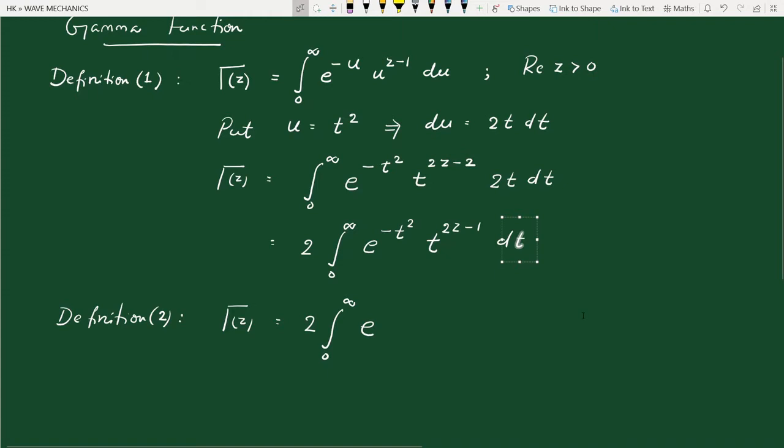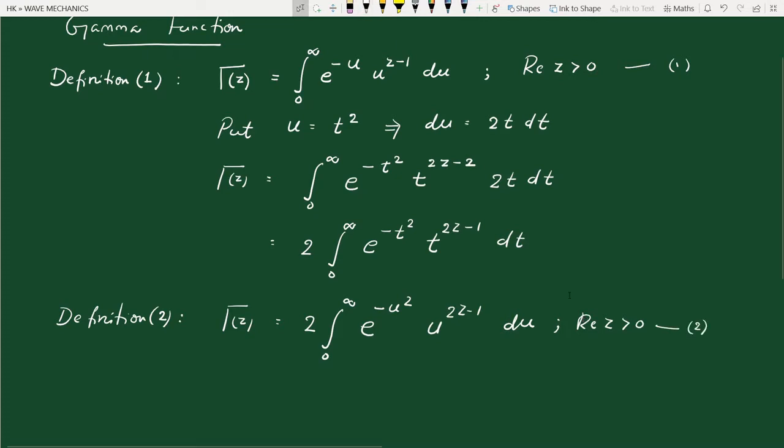It's a dummy variable, right? So e raised to minus u square, u raised to 2z minus 1 du, with the condition that real part of z is greater than 0. Let me call the first one equation 1 and the second one equation 2.